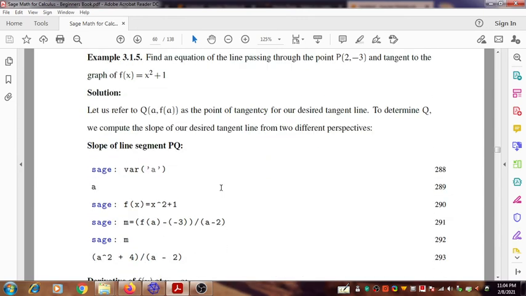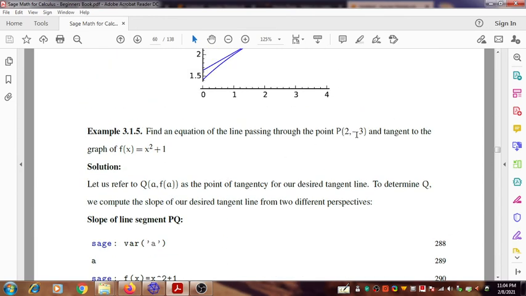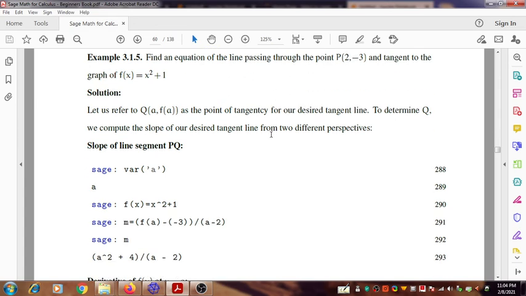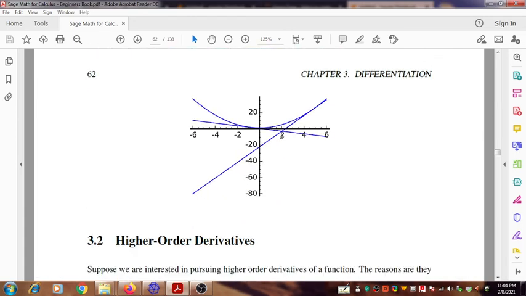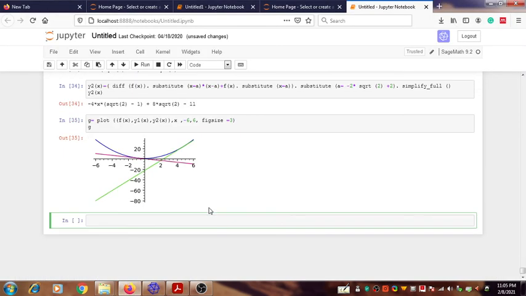This is the point 2, minus 3, and it was actually given in the problem. It was asked to find the equation of the tangents which pass through that point 2, minus 3, and then it was asked to draw the figure, and also we determined the equation of the two straight lines which act as tangents.